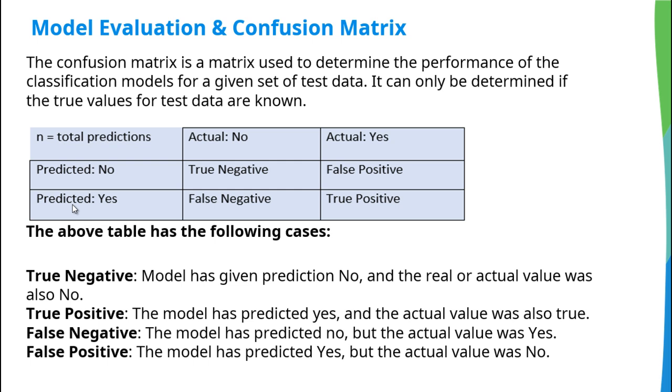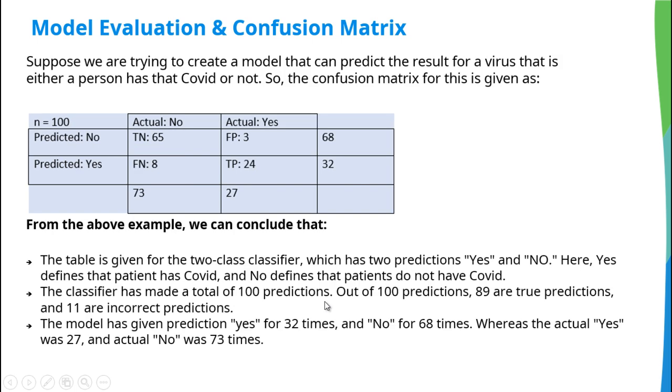All right, this matrix is just 2 by 2, because we have 2 groups, yes and no. If you have more than 2 groups, maybe 3 groups, it will be 3 by 3, 1 2 3, 1 2 3. All right. So suppose we are trying to create a model that can predict the result of a virus, whether a person has COVID or not.